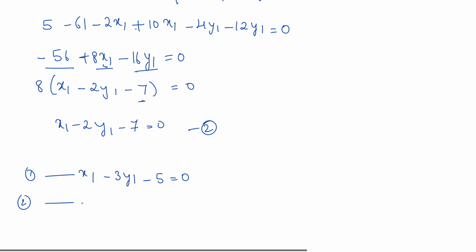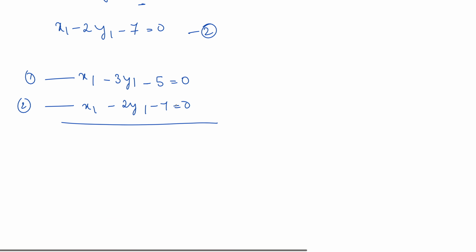Second equation is x1 minus 2y1 minus 7 is equal to 0. Now let's subtract. While we subtract, we change the symbols. The symbol before x1 is positive, so we made it negative. Here it's negative, so we make it positive. And here it's negative. This is y1, so don't get confused. So here it's negative and we make it positive.